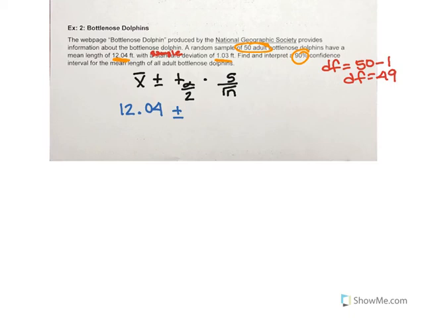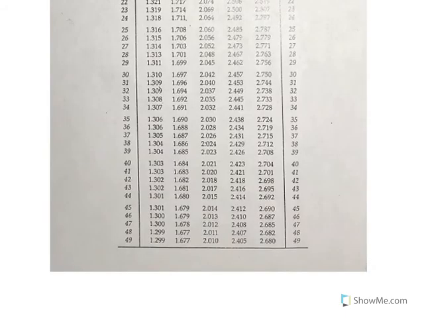So, we're going to pull our chart up. So, when we are in row 49, and we're looking at 90%, we know that that's going to be the second number, because 80 is the first number, 90 is the second number.